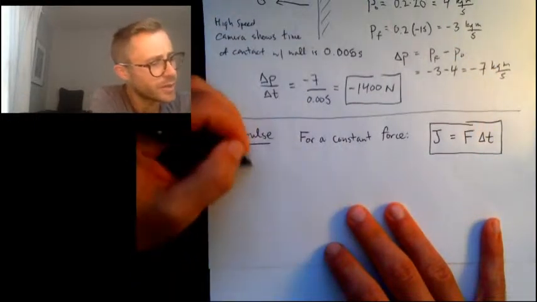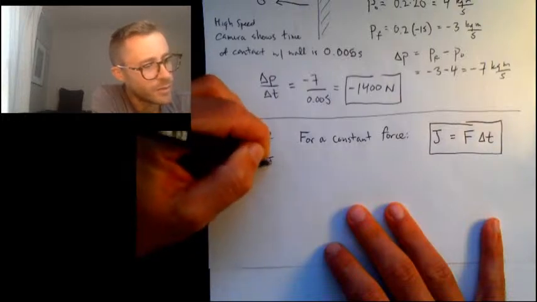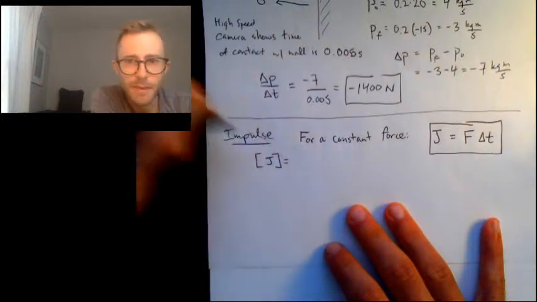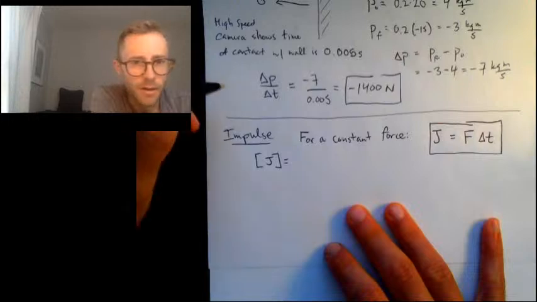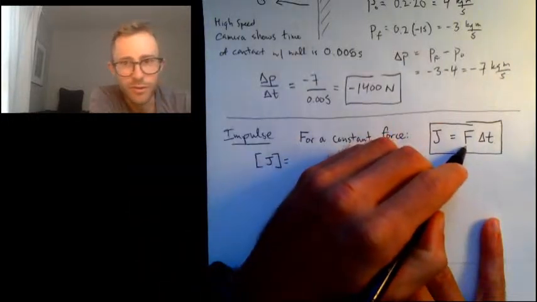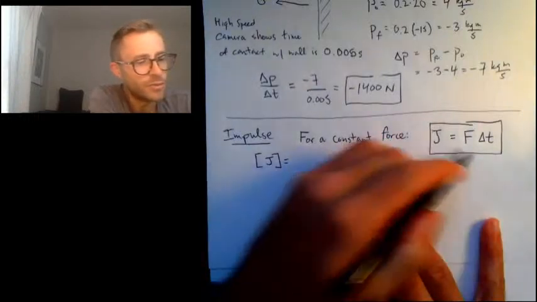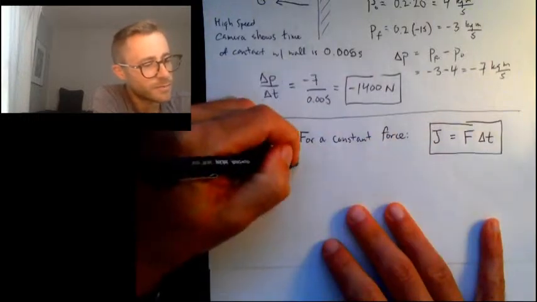So this makes it pretty easy to determine the units of impulse. The units of impulse are going to be units of force times time, so newtons times seconds.